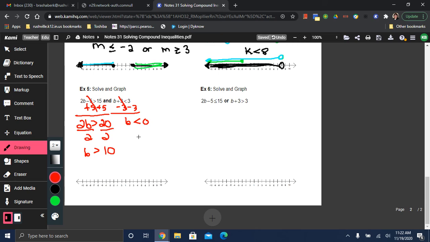All right, so let's see if we can think of numbers that would be less than 0 and greater than 10. So let's think about that. Numbers that are less than 0, that would be like in the negatives.